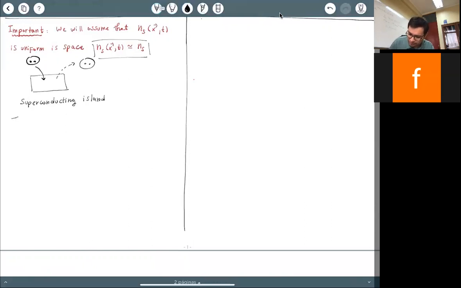Of course, if this is a quantum phenomenon, for sure the dynamics of the wave function should be given by the Schrödinger equation. So here we have the Schrödinger equation.